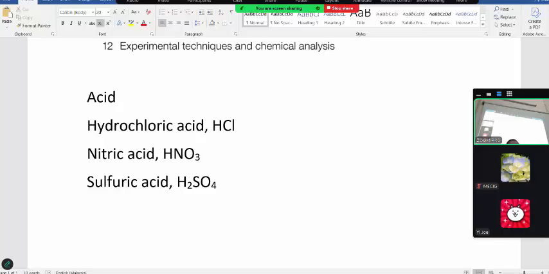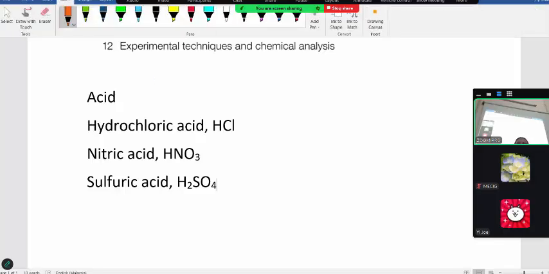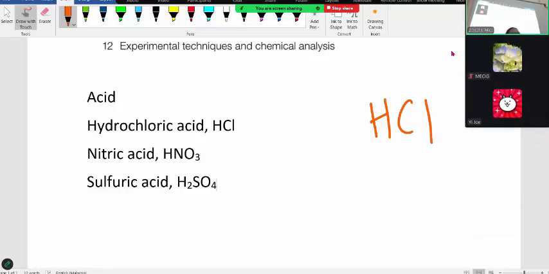All right. If I just write HCl, is HCl ionic or covalent? Covalent. Why? Because it's non-metal and non-metal. So if it's not dissolved in water, you cannot call it hydrochloric acid. It's actually hydrogen chloride.